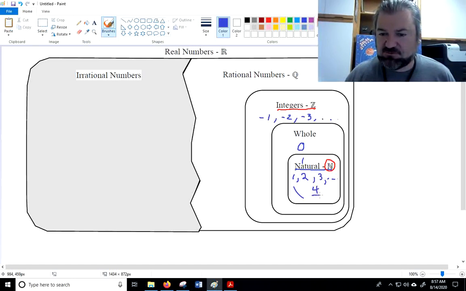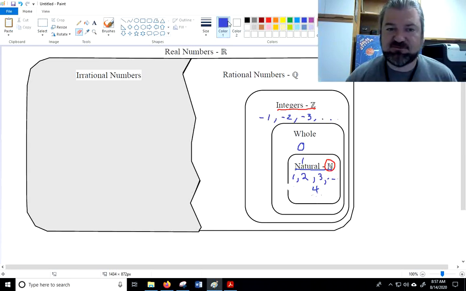Well, how is it also rational? Well, I can express it as a fraction. That's what makes it a rational. I can express it as a ratio of two integers, 4 to 1. That's what makes it rational. But I don't want to confuse everybody with that, so I'll just take that off. But that's why the rational numbers include all those other numbers.